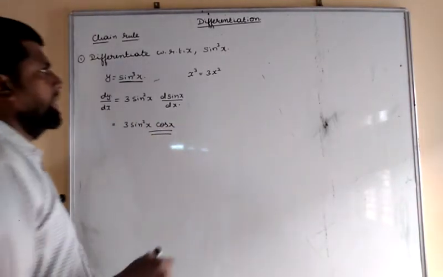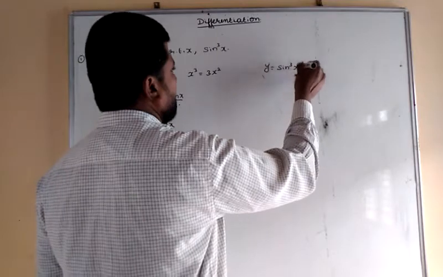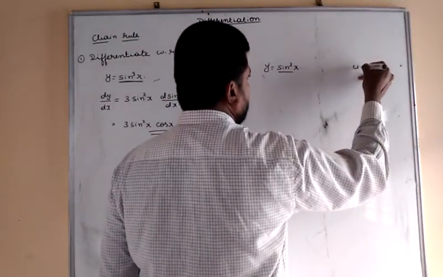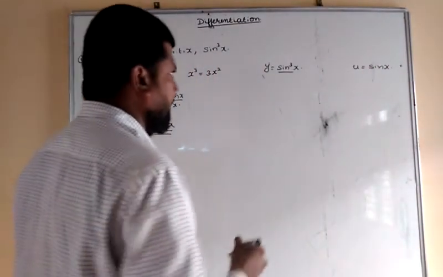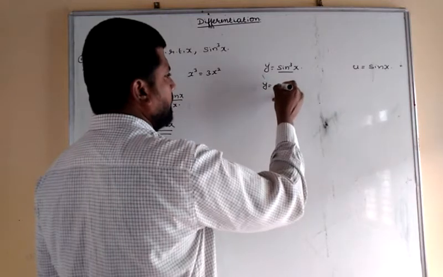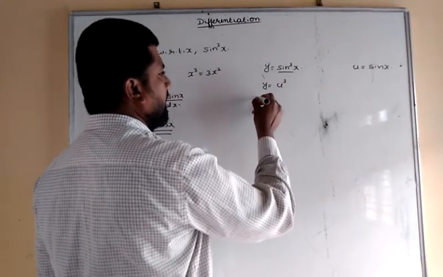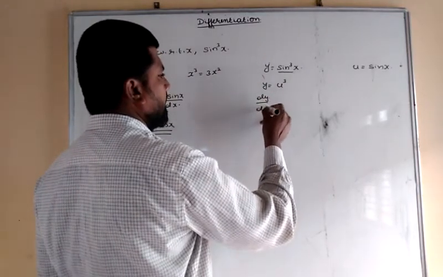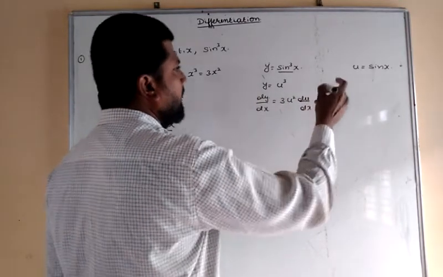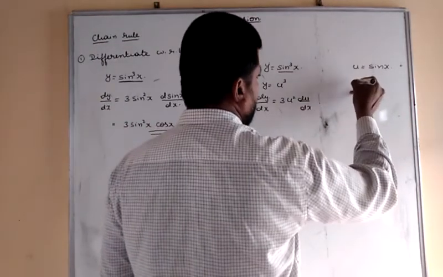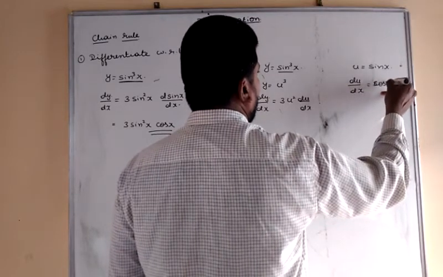So let us apply the substitution method here. Let us take y is equal to sine cube x. Here you should take sine x as u, so u is equal to sine x. Then y is equal to u to the power of 3. Differentiation of y with respect to x is 3u square into differentiation of u with respect to x. Then differentiate u with respect to x: du by dx is equal to cos x, since sine x differentiation is cos x.